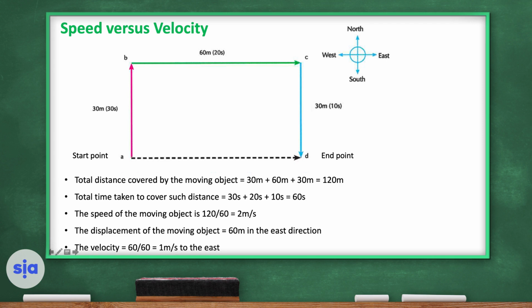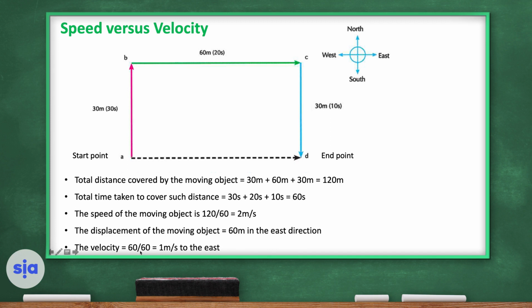Notice that when we calculated the velocity, we used not the actual distance covered, but the displacement, which is 60 meters, and the total time taken for the journey.